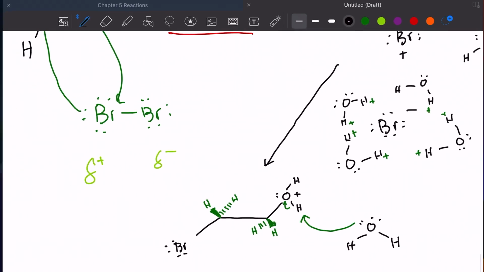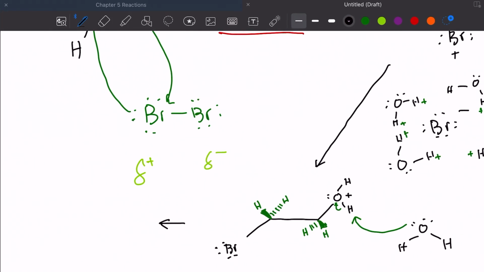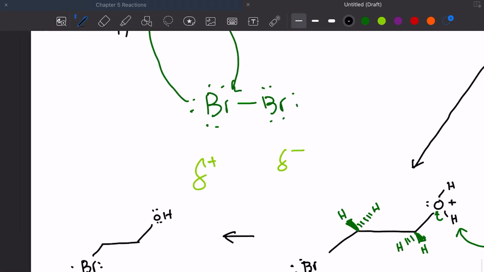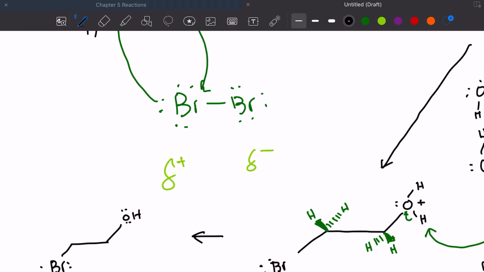And you're going to get a final product that looks something like this: you're going to have an OH group with two lone pairs, and you get all your formal lone pairs. And that's how you complete this reaction, guys.